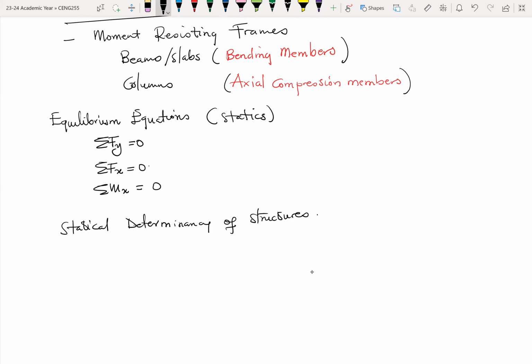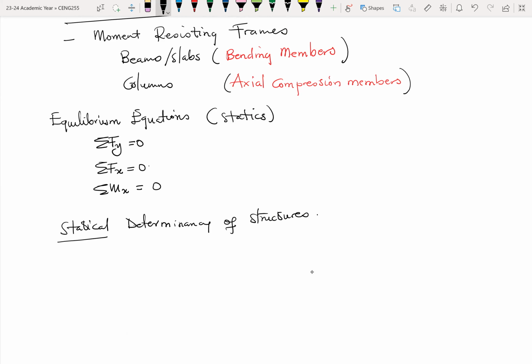Normally for beams and frames, we have three main types of structures based on their determinacy, in terms of how static they are. So static has to do with the fact that they are stationary structures.